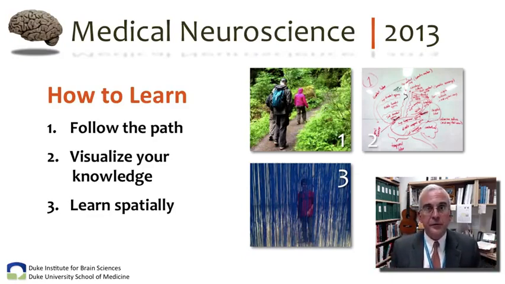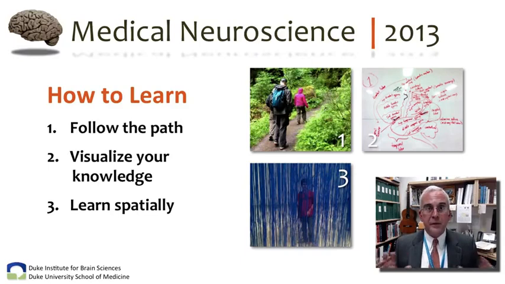And this will be especially important when we consider the long pathways of the nervous system. As I walked through this installation with my son, I couldn't help but to think that I was walking through the white matter of the nervous system. If you can think that way, if you can learn that way, then I think what you'll do is you will take advantage of what your brain is really good at, which is mapping your world.